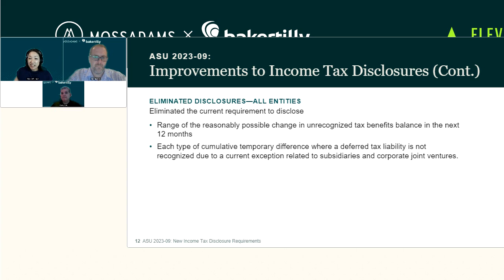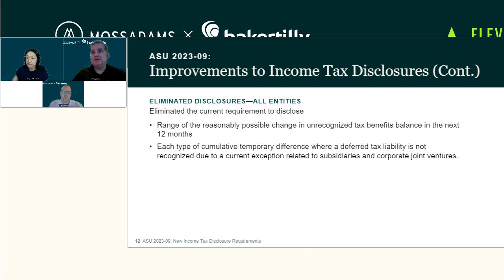Under this specific ASC code 740-30-50-2, this standard removed B, but A, C, and D are still intact. So make sure which disclosures got removed. If you had this disclosure requirement in the past, make sure you're removing the correct thing and keeping the required disclosure intact.